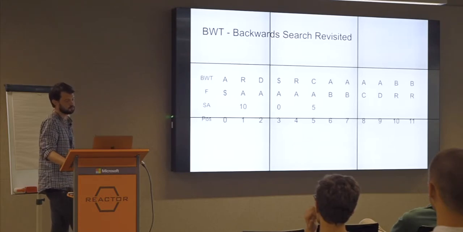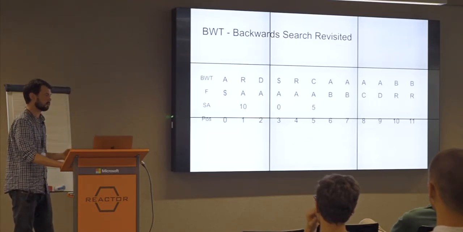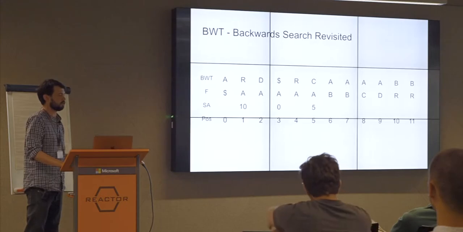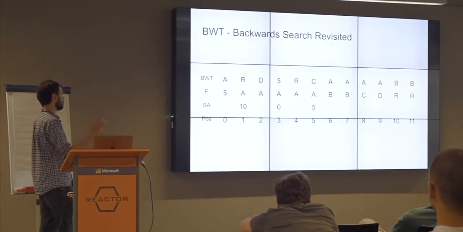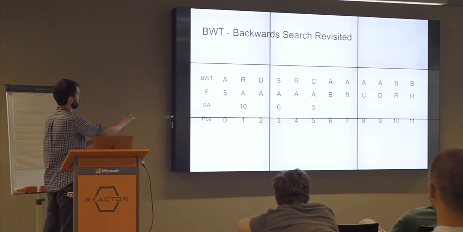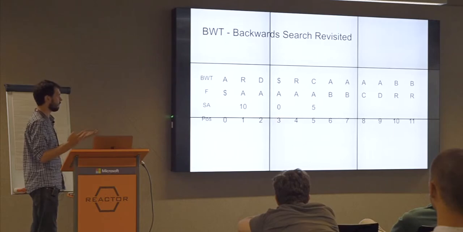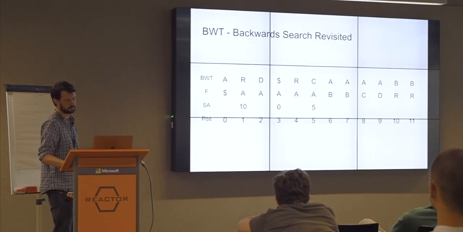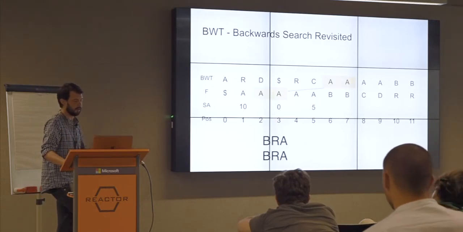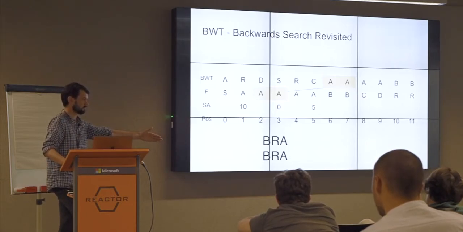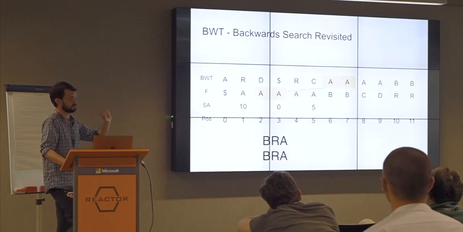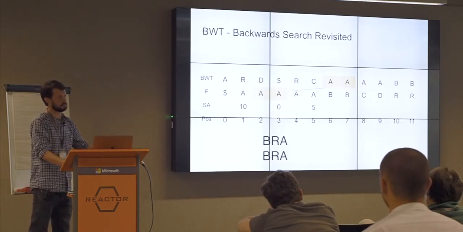But we use that same trick as we did with the checkpointing for ranks, and we just take the positions at a given distance apart, so in this case 5. Now what we need to do is continue our search backwards until we find ourselves with a symbol that has a position associated to it.